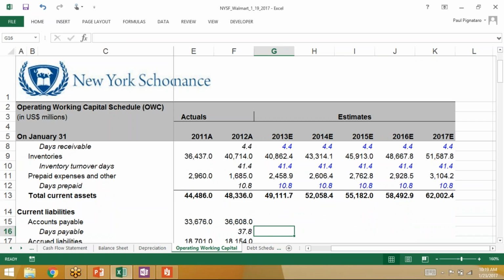Now we can continue. Accounts payable. It's the days divided by 360 times what? COGS.